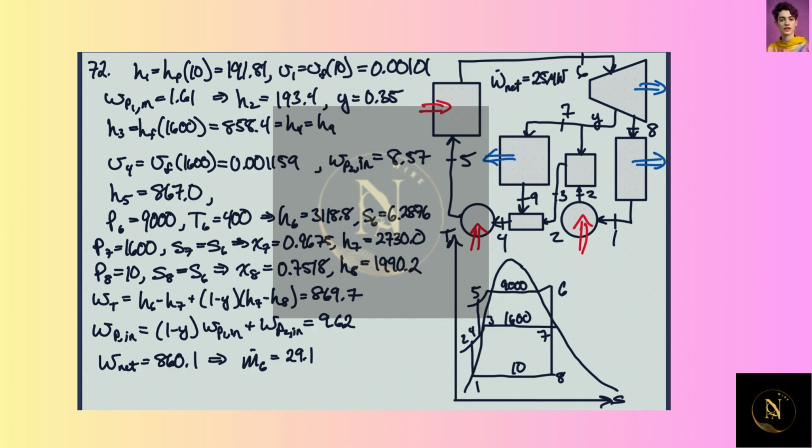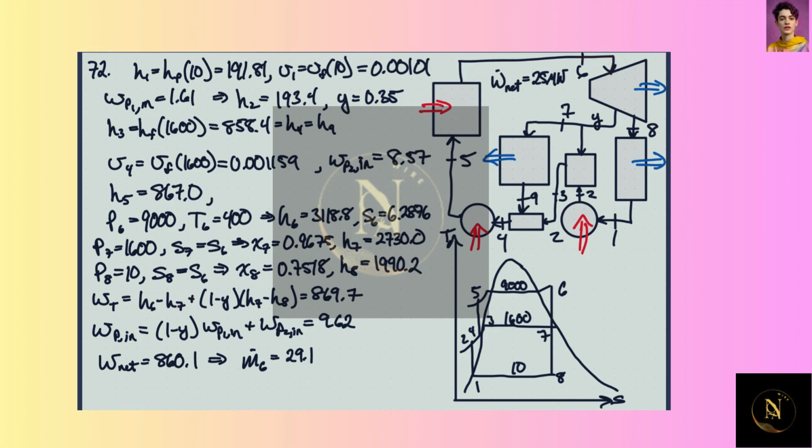So anyway, we can figure out the specific work coming out of the turbine. We don't know the flow rate, but we know the net power out of the system. The specific work in the turbine is H6 minus H7, the enthalpy change, and that has the full M6 flowing through it.